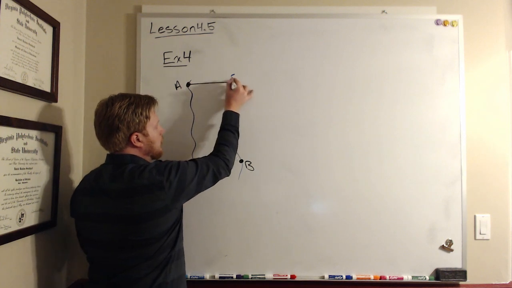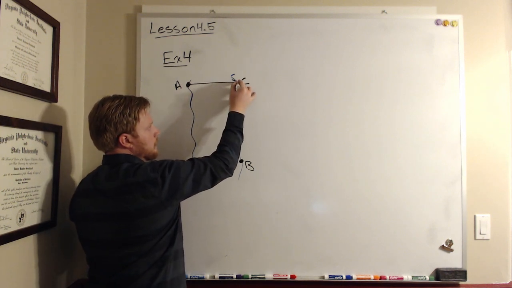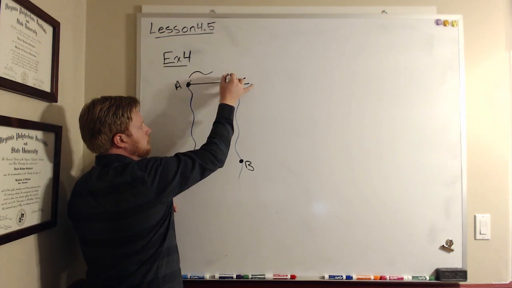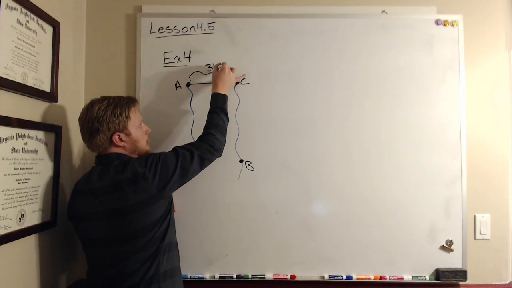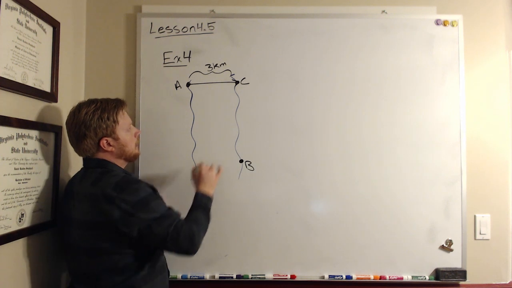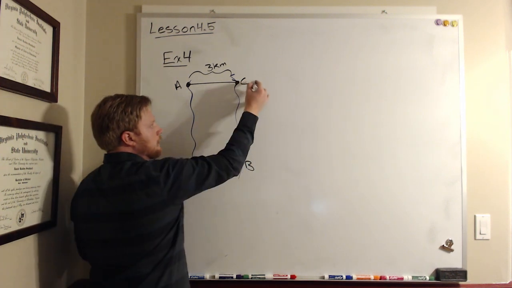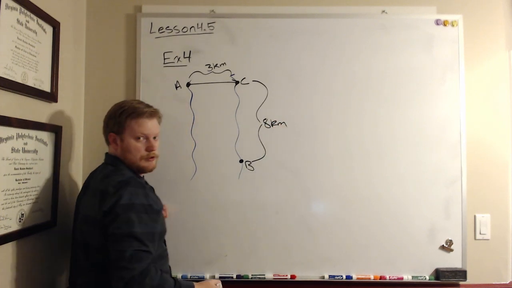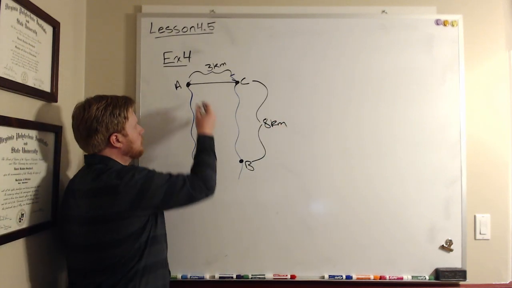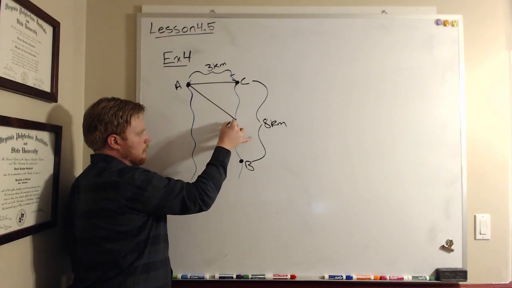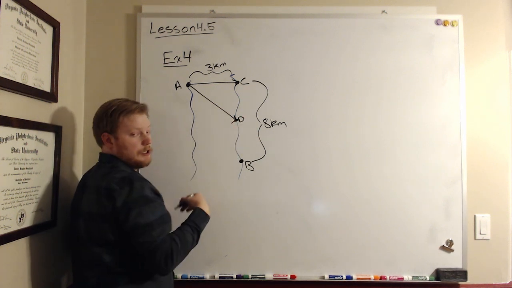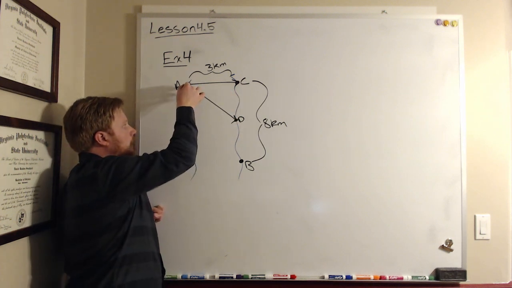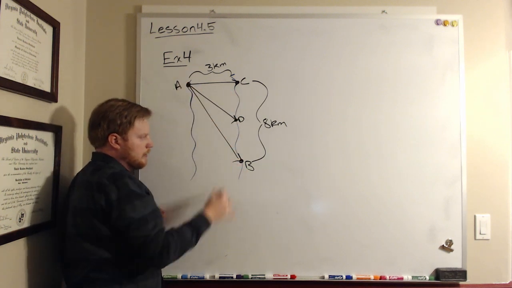He can run directly across the river to this point C, which the river is 3 kilometers, and then he can run all the way down to B, which by the way is 8 kilometers. Or he can row to a point D and then run the rest of the way. Or he can row directly to B.